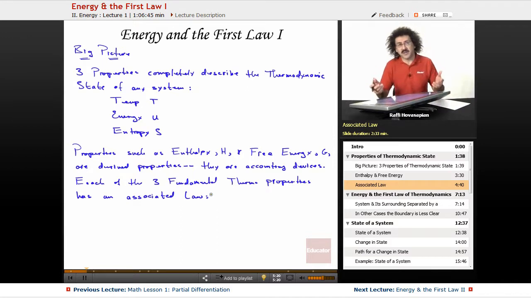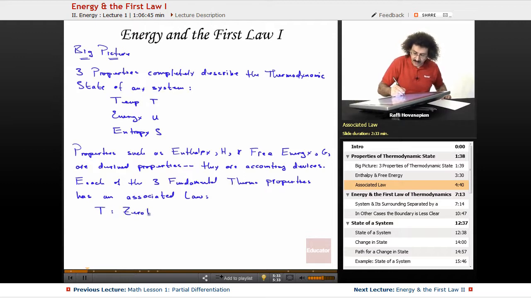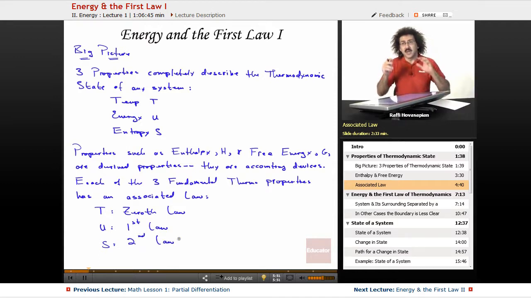You might not remember what they are, but you know there's a first, a second, and a third law. However, temperature, energy, and entropy are not the first, the second, and the third law. As it turns out, the temperature is associated with something that we call the zeroth law. We're not going to concern ourselves with what it is right now; it just happens to do with temperature. Energy is associated with the first law, and entropy is associated with the second law.